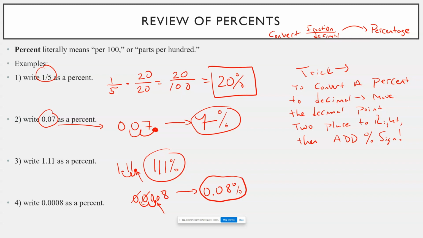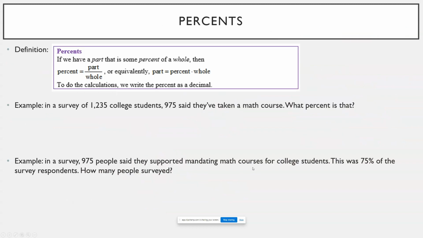All right, now let's do some quick percentage problems. Here's a formula that could help you. If we have a part that is some percent of a whole, you could have two formulas. You could say the percent is equal to the part divided by the whole. And hopefully this will make sense with examples.